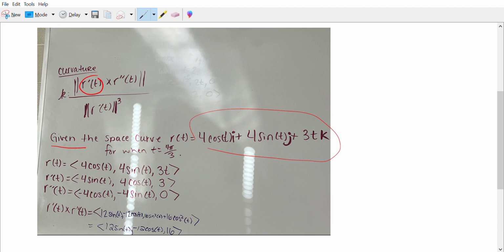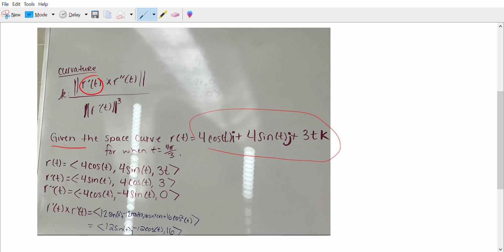The derivative of sine is cosine. The derivative of 3t is 3. And then we want to find the second derivative. The second derivative is negative 4 cosine t, negative 4 sine t, and the derivative of 3 is 0.